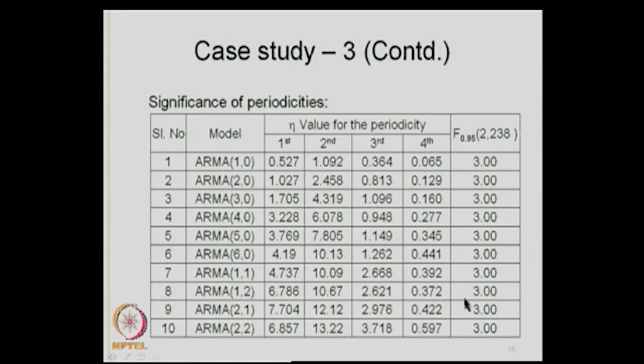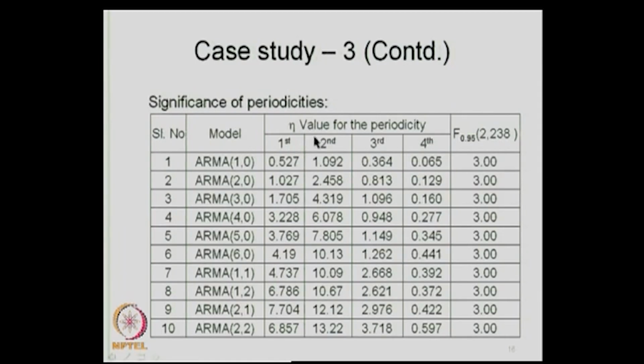These values of F 0.95 can be picked up from any standard tables of the F distribution. Any of the standard textbooks will provide this F value associated with the degrees of freedom 2 and n minus 2, and that comes out to be 3. As you can see, all the models pass the test for all the periodicities, indicating that none of these periodicities is significant in the residual series.